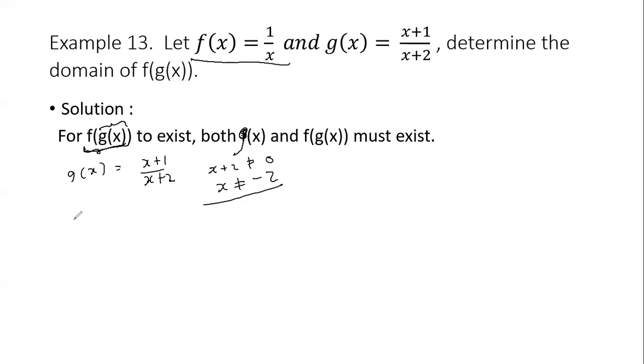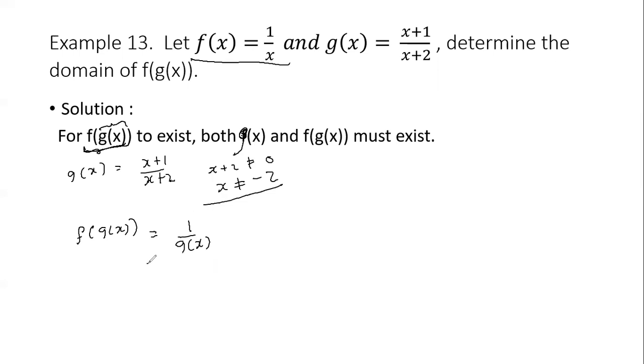This is for g(x). For the other, we have to find f of g of x. F(x) is 1 over x. Therefore, f of g of x is 1 over g(x).